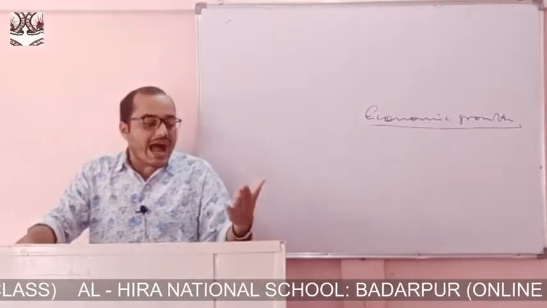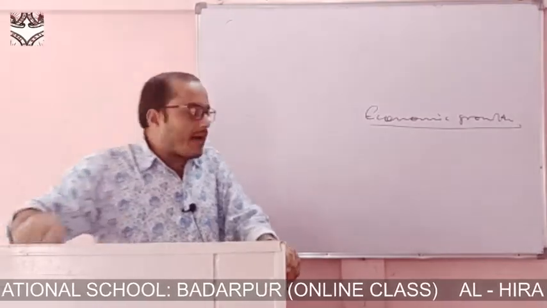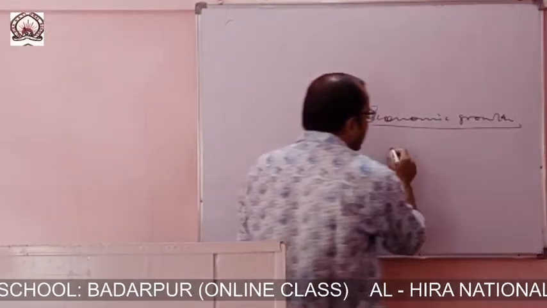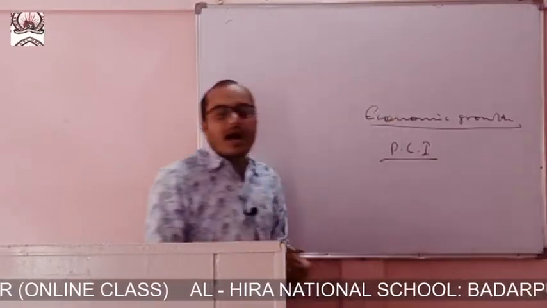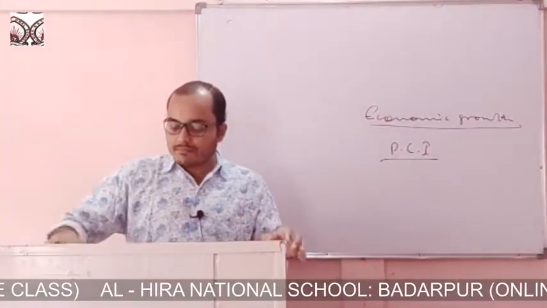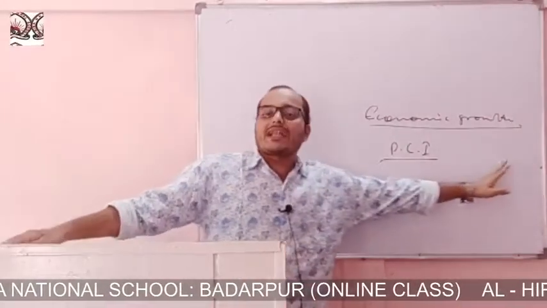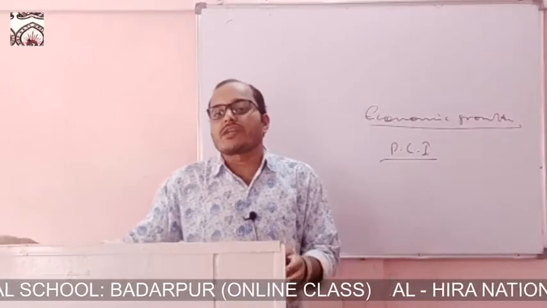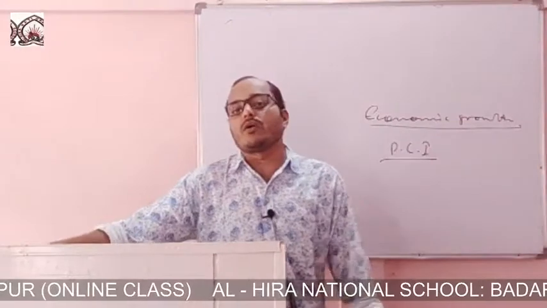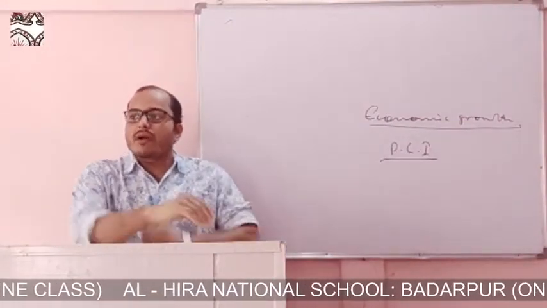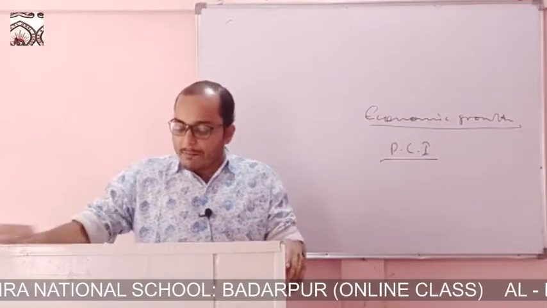It relates to output, in particular per capita income. Per capita income is per person income. To find it out, total national income is divided by total population. So all this comes under economic growth. Clear?